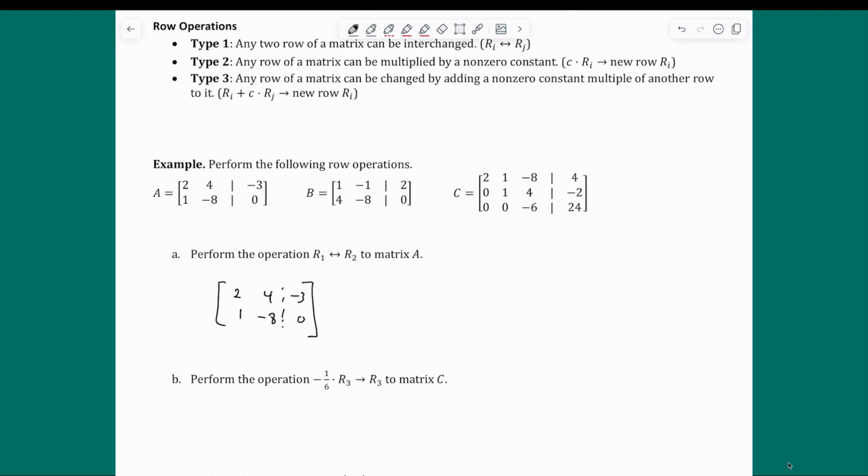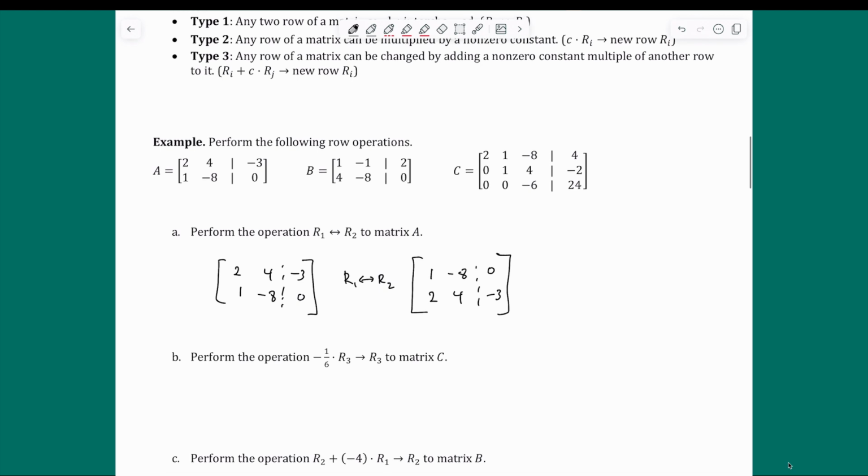That's our augmented matrix. R1 swapped with row 2 transforms the matrix to 1, negative 8, 0, 2, 4, negative 3. Nothing too exciting. All we're doing is swapping the rows there.